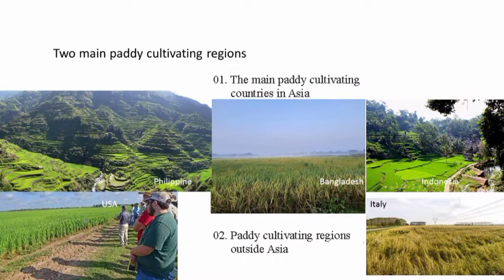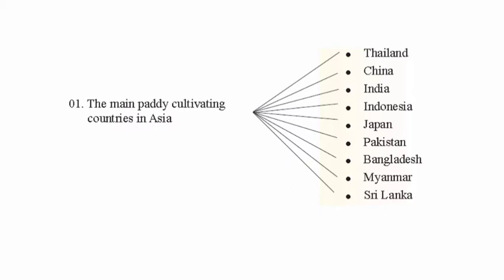They are paddy cultivating regions in Asia and paddy cultivating regions outside Asia. Thailand, China, India, Indonesia, Japan, and Pakistan are some of the countries where paddy is cultivated.